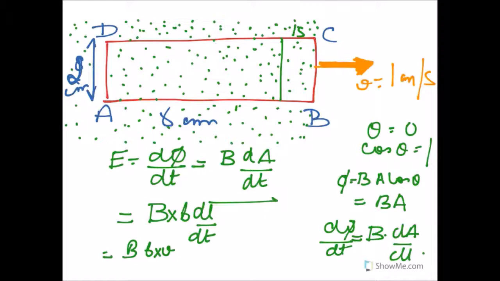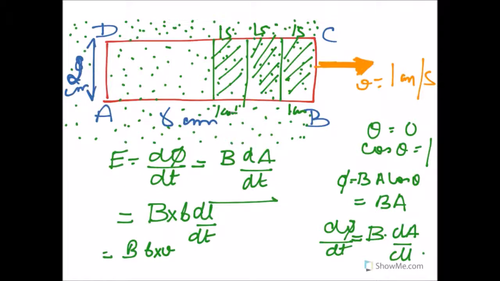Every 1 second, 1 centimeter will be out of the loop. Again, in the next 1 second, this part will be out of the magnetic field. Again, in 1 second, this part of the loop will be out of the magnetic field. So the rate of change of length is also equal to the velocity, which is B and V is the induced EMF.